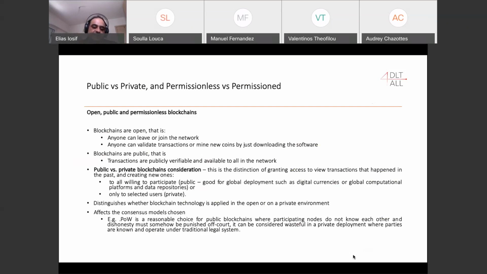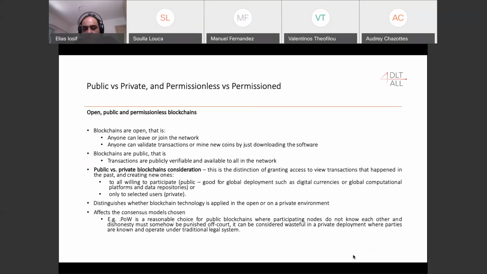Now, this is a quite open research question: what is the most appropriate proof consensus algorithm with regards to the type of the blockchain?